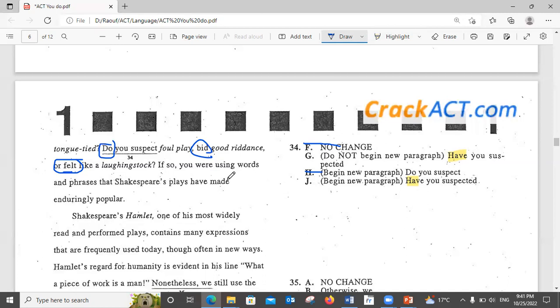G says do not begin a new paragraph. I mean, do not stop here and start a new paragraph. J says begin a new paragraph, which means come here, stop here as the end of a paragraph, and make this whole part a separate, new paragraph.